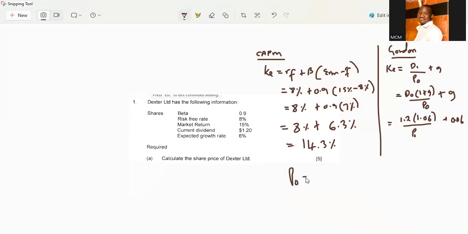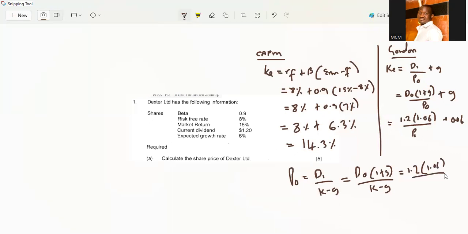P0 is simply given by D1 over K minus G directly, or D0 times 1 plus growth over K minus G. So our 1.2 will be here, 1.06 is here.